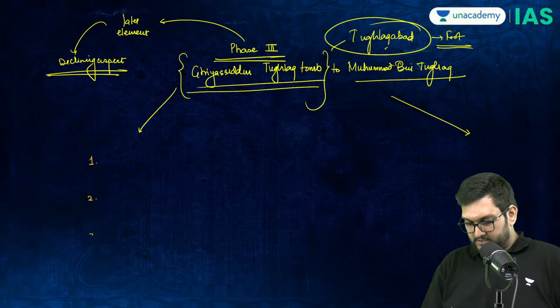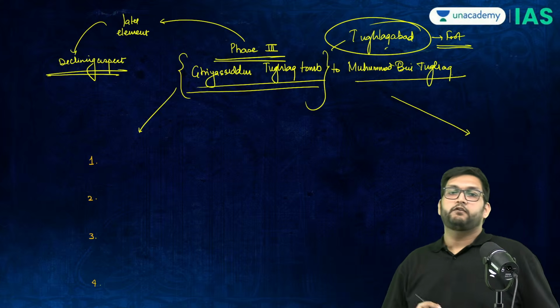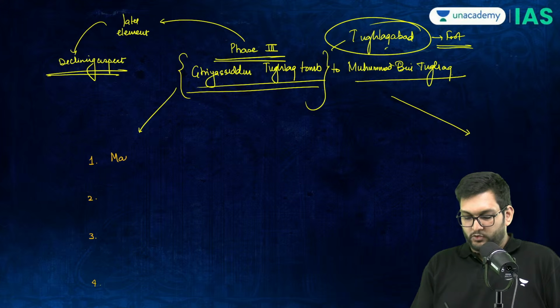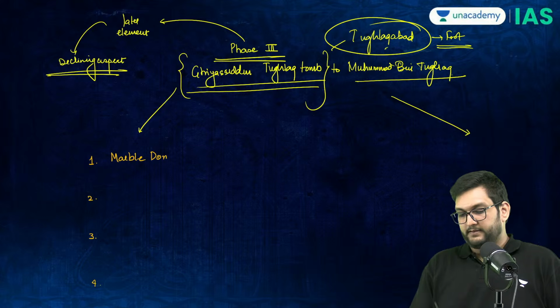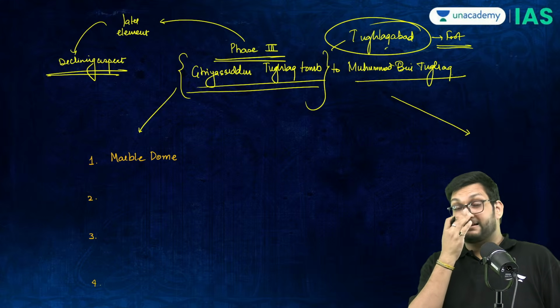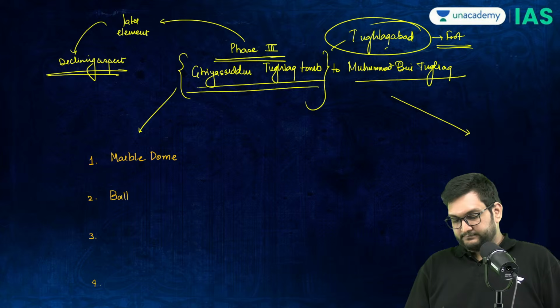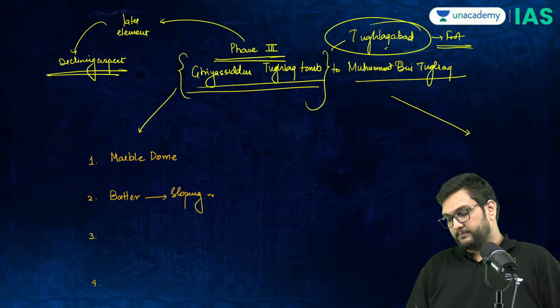Four points make it very important. First is the marble dome, the first time a marble dome was created. The other one is called batter, which is sloping walls for design.